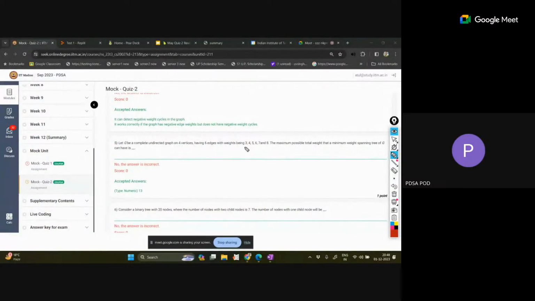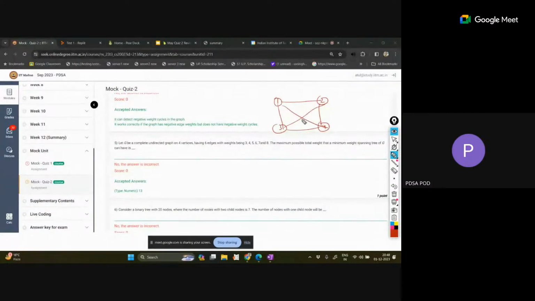So here weights are given, and the total number of vertices is given. I'm just creating the vertices 1, 2, 3, and 4. If you draw the complete graph for this, only 6 edges are possible.